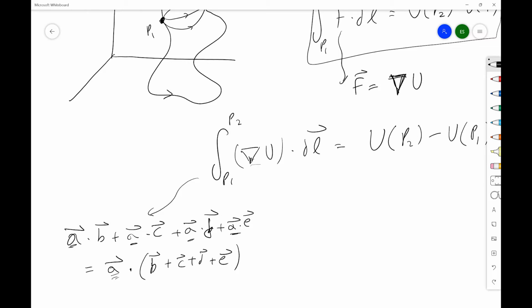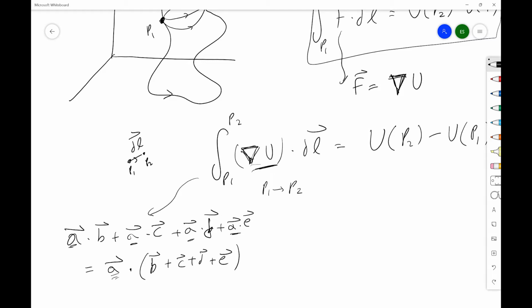So I have a dot product. Now, what happens if I let P1 approach P2? I get into a situation where nabla u becomes constant, because the interval is so small, because P1 and P2 are so close to each other. The distance between them is differential, dl. That's the line segment between them.